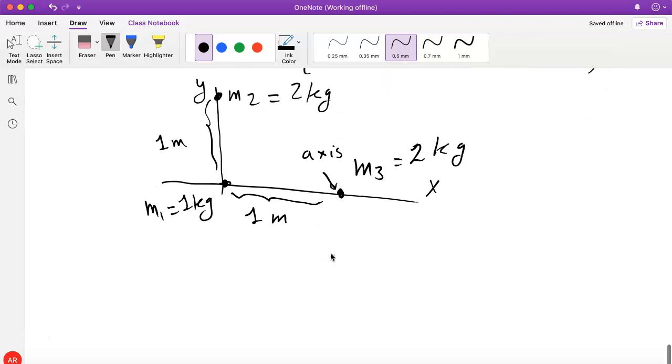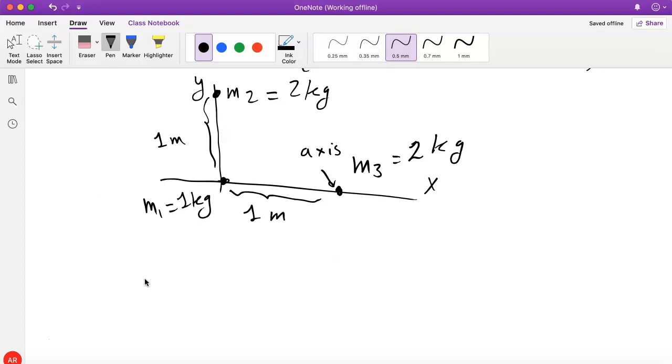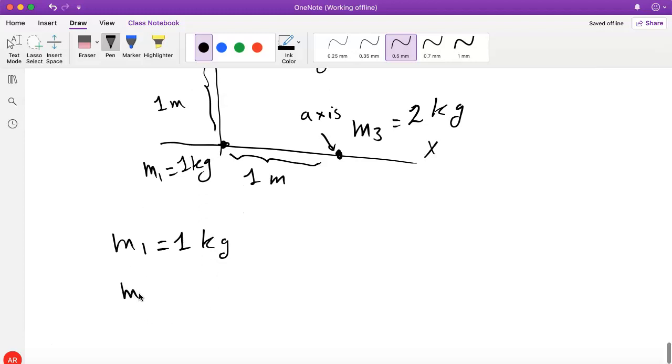All right, so let's see. So first we have masses, right? We have 3 masses. M1 is 1 kilogram. M2 is 2. M3 is similarly 2 kilograms.